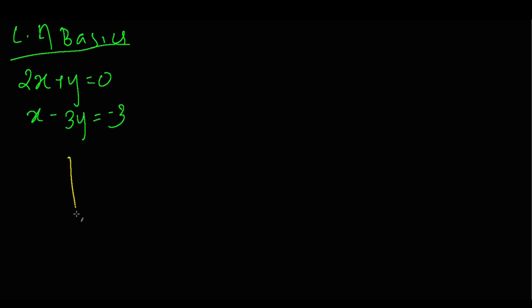Let's plot these lines. So this has one point as (0, 0), and another is when x is 1, y is minus 2. So let's draw a line that passes through (1, -2) and (0, 0).